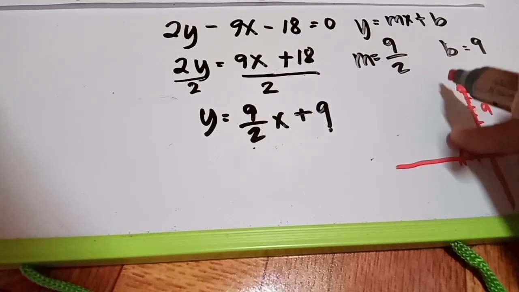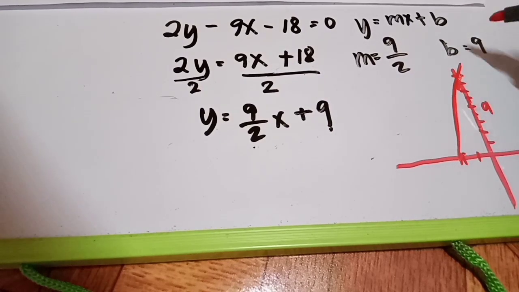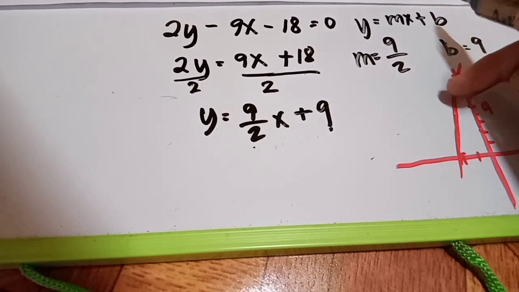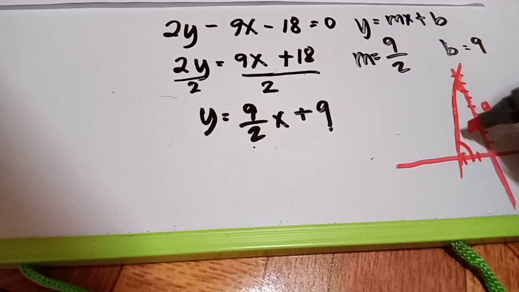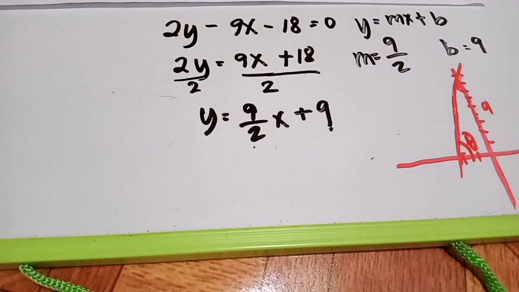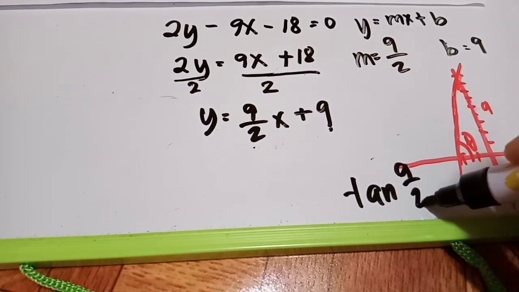Let's try to get this data or the angle data. How do we get the angle data? We know that tangent of 9 divided by 2.